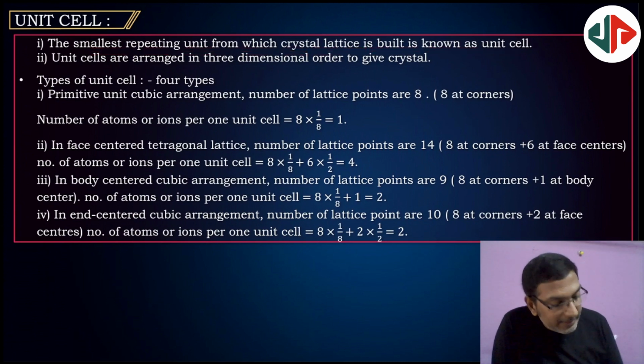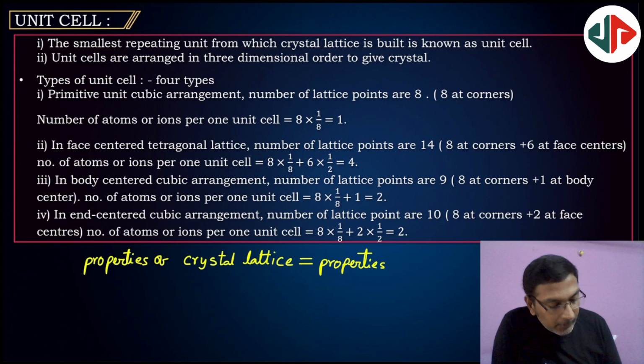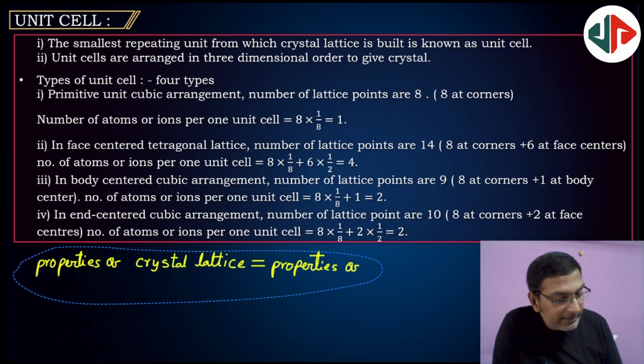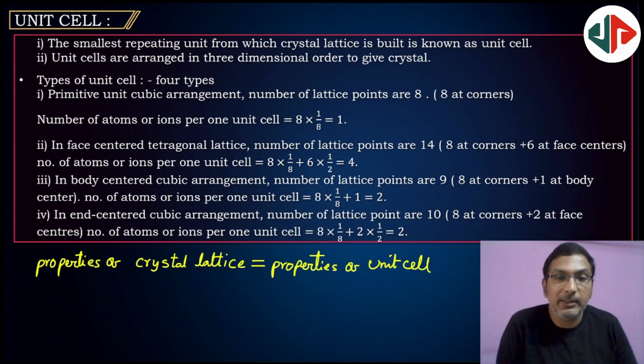That means the properties of the crystal lattice are identical with the properties of the unit cell. So unit cell is the smallest portion and crystal lattice is the total arrangement of particles.